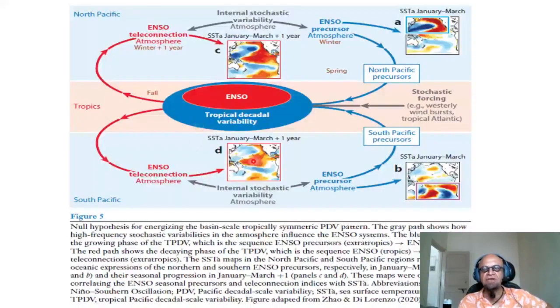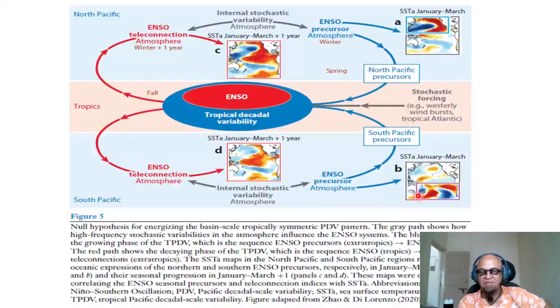So in the South Pacific again you have ENSO teleconnection in the atmosphere. So SSTA in January to March of the next year, the following year, with internal stochastic atmospheric variability again interacting with the ENSO precursor atmosphere, so ENSO teleconnection, ENSO precursor atmosphere. So South Pacific feeding back to the tropical decadal variability, and here is the SSTA January to March.